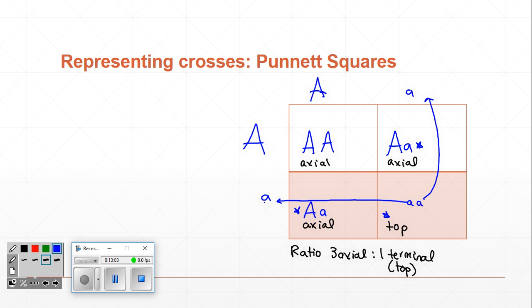Now you will be expected to look at crosses both ways, both from the starting point with the parental generation, but also from the end point with the offspring. Yep, this would be one parent's genotype, and this would be the other parent's genotype.